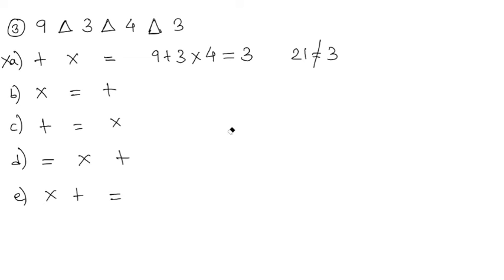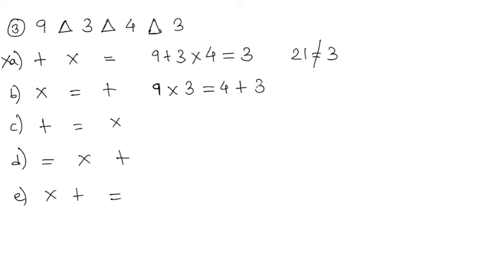Okay. So first option is wrong. Let us check with the second option. So tell me the order. 9 into 3 equals 4 plus 3. Check maadi. What is 9 into 3? 27.